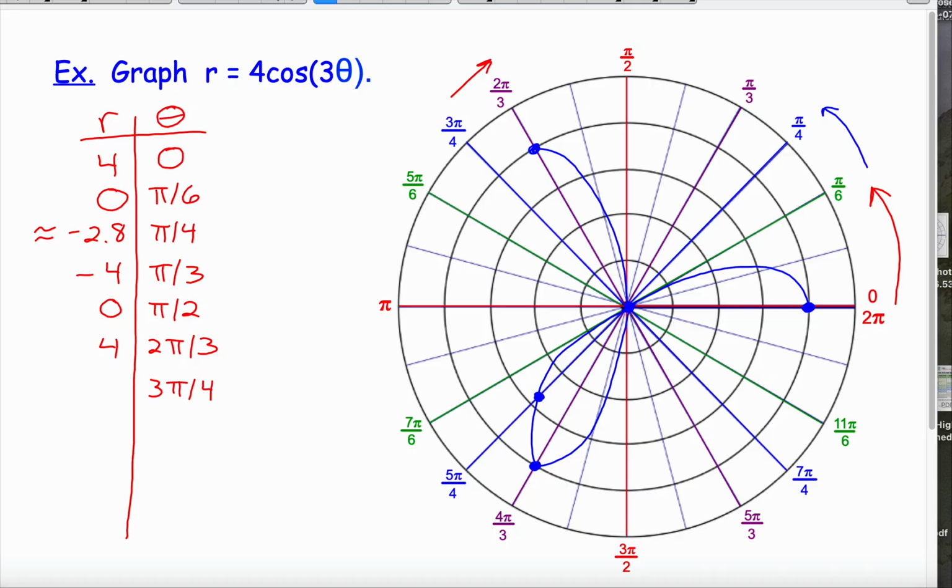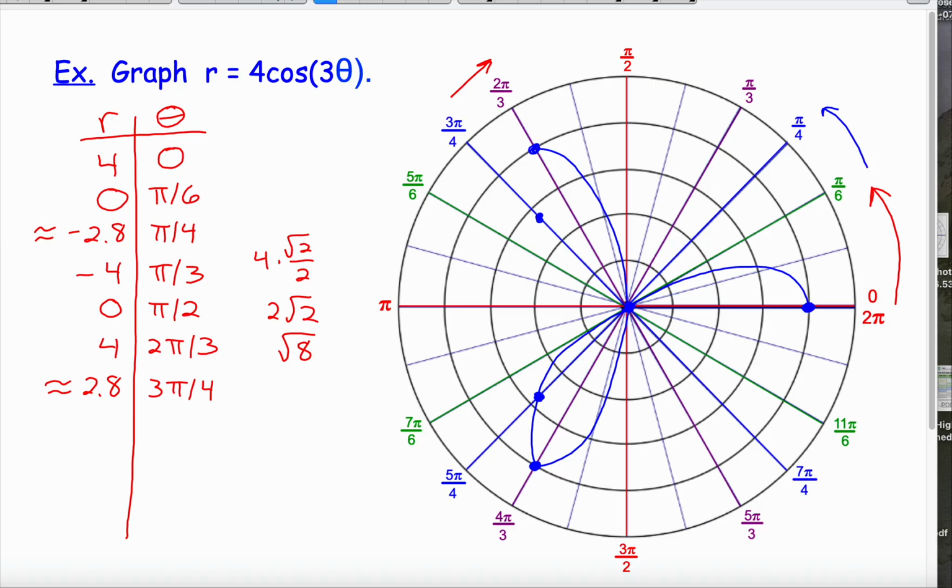When I multiply by 3, I get 9 pi over 4. What's that? That's 8 pi over 4 all the way around, and then another pi over 4. So I'm going to get a positive root 2 over 2 when I do the cosine of that angle. And then times 4 gives me 2 root 2, which is the same as the square root of 8, which is, again, approximately positive 2.8 this time. So at 3 pi over 4, we're going to go a little less than 3 units out there.